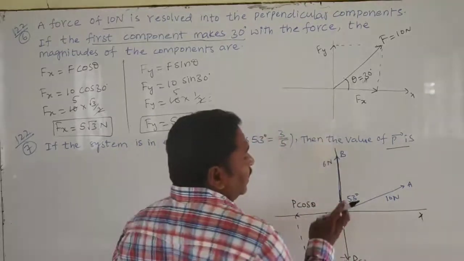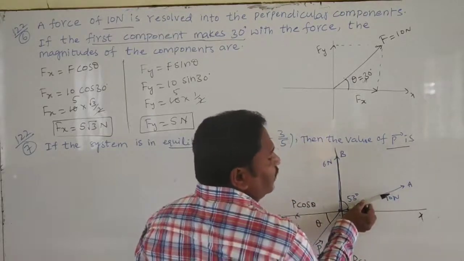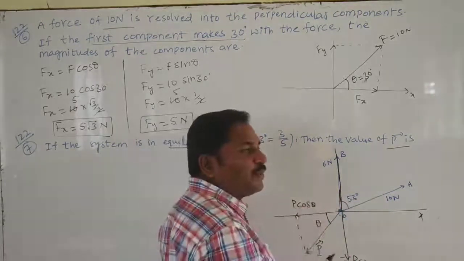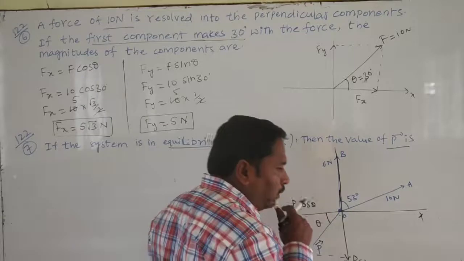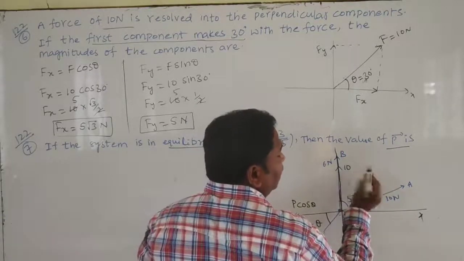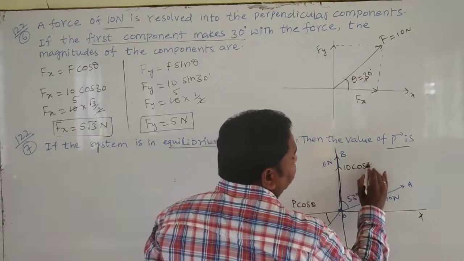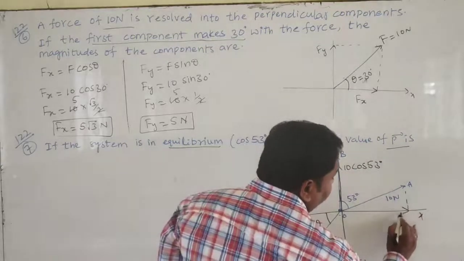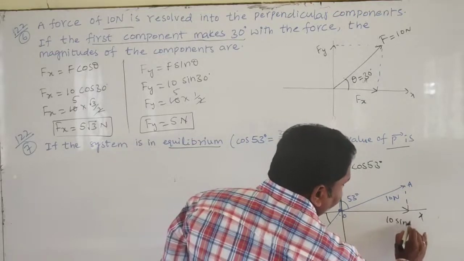Next, the vector 10 newtons makes theta with the y-axis. Then this component becomes 10 cos 53, and the remaining x component is 10 sin 53.